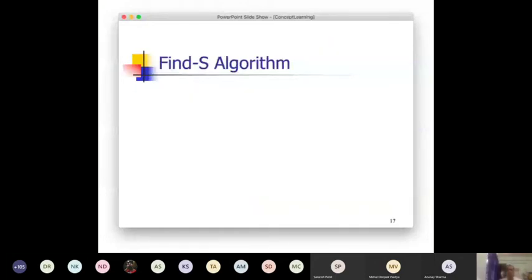So there is one particular algorithm that I would like to discuss at this point, called the Find-S algorithm. What it tries to find is the least specific hypothesis from your hypothesis space which will satisfy the training examples.